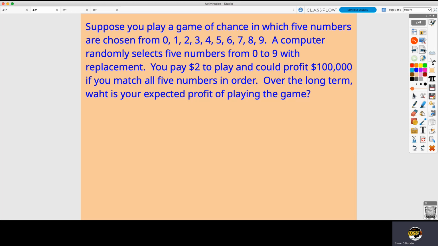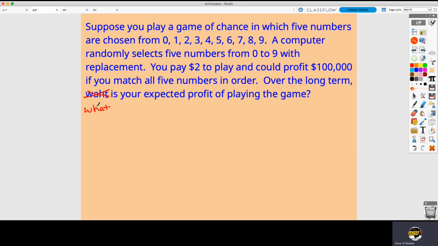You pay $2 to play. If you win by getting all 5 numbers in the right order, you would win $100,000. Over the long term, what is your expected profit of playing the game?